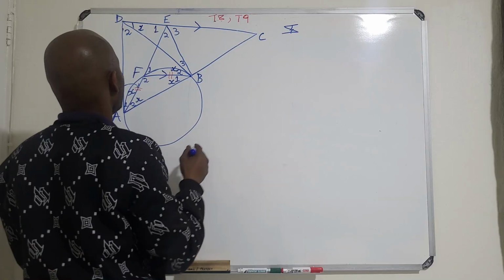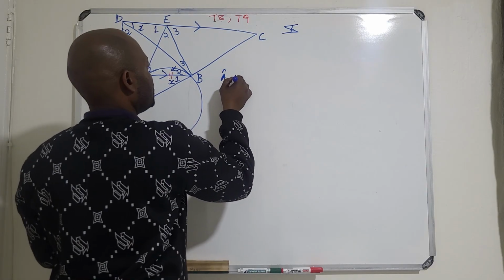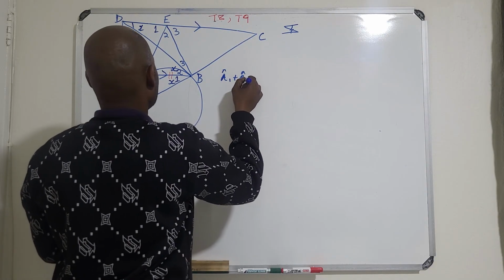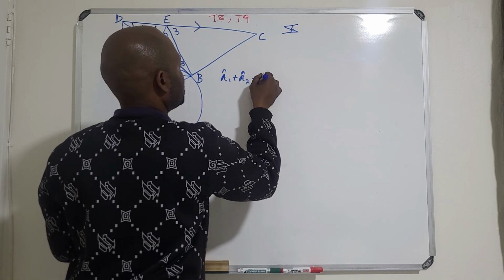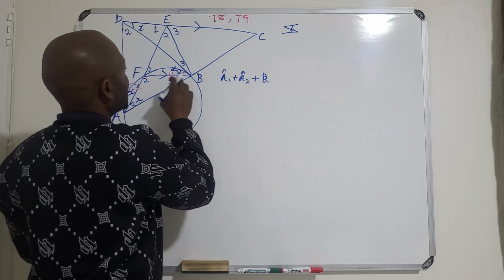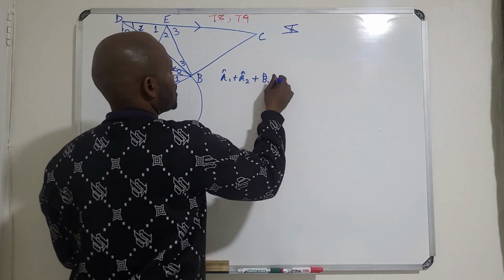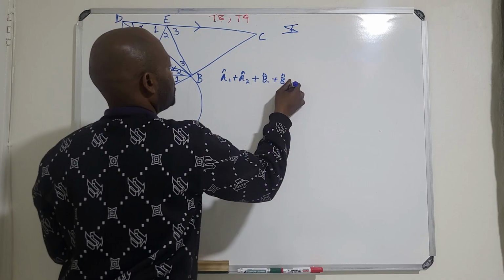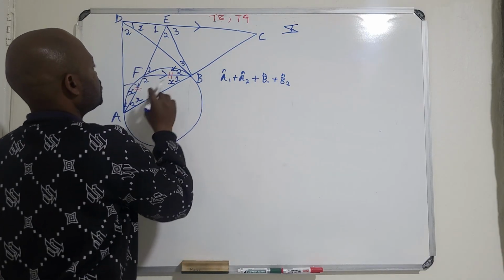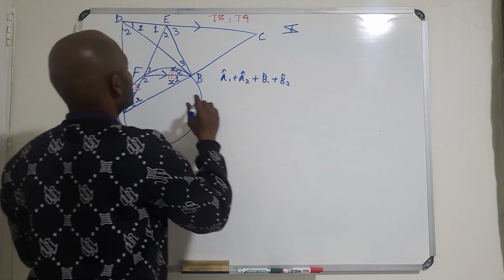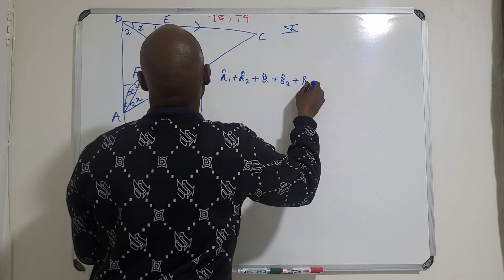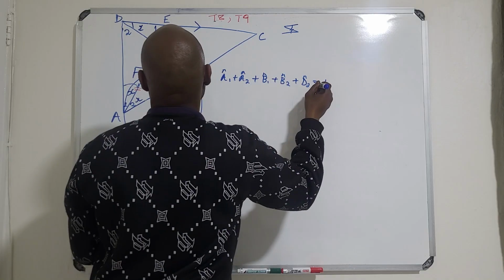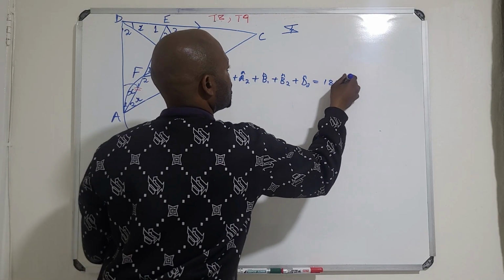Therefore, I can say angle A1 plus angle A2 plus angle B1 plus angle B2 plus angle D2 is equal to 180 degrees.